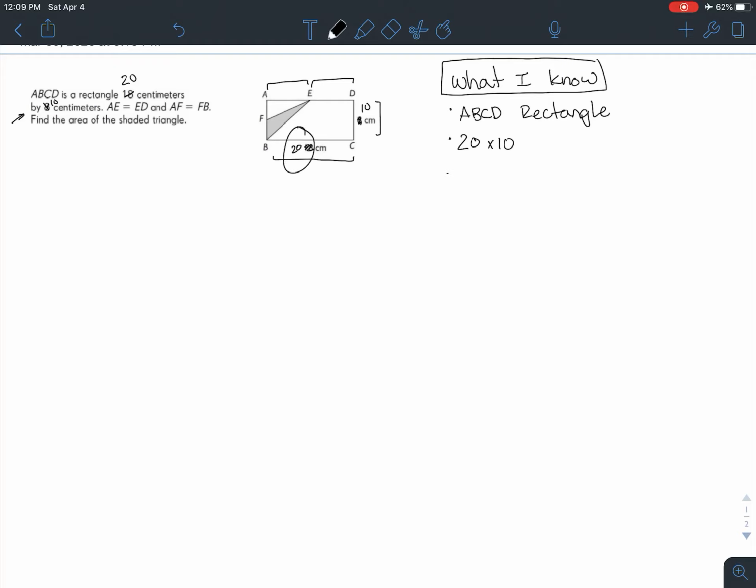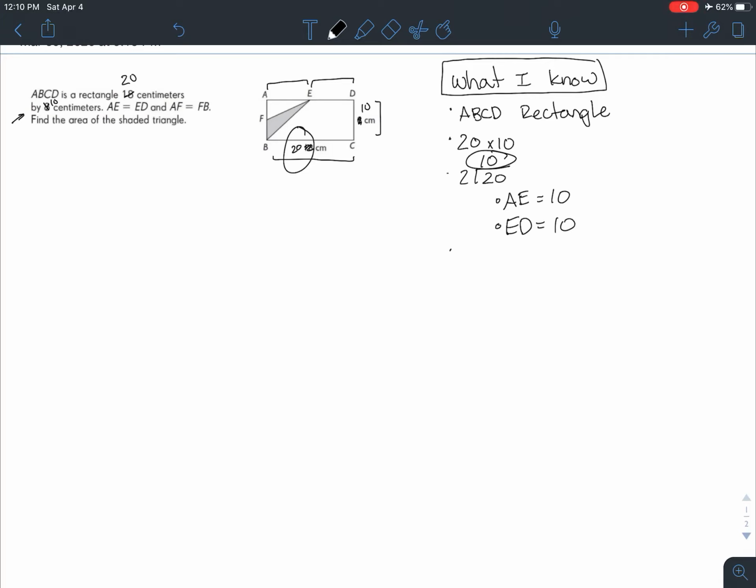So if we know what that whole side is, which we do, it's 20, we can take half of that to figure out what those are. So AE is equal to 10, and because they're the same, remember that the equal sign means the same, ED is also equal to 10, okay?